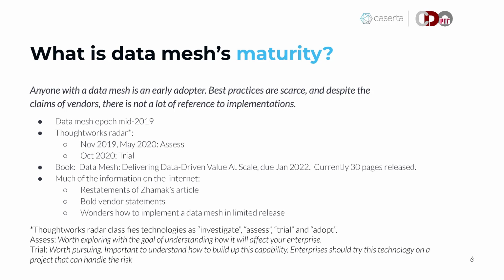They break them up into 4 categories called the ThoughtWorks Radar. First is investigate, second is to assess, third is to put it to trial, and then the fourth is to adopt. Even though they are basically the advocates for data mesh, it's not in adopt mode yet, as far as I know. It's still in trial mode.